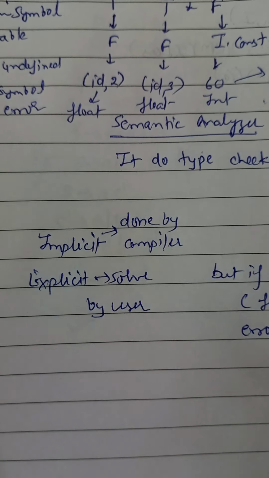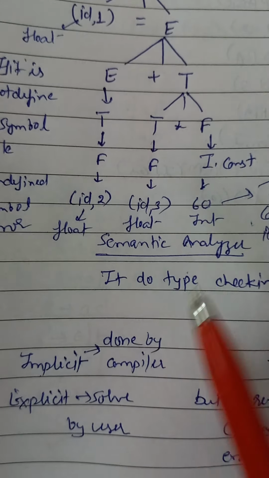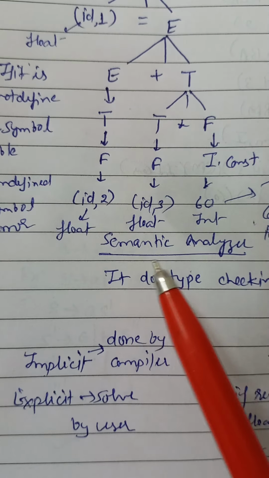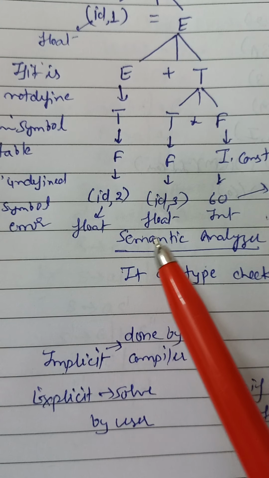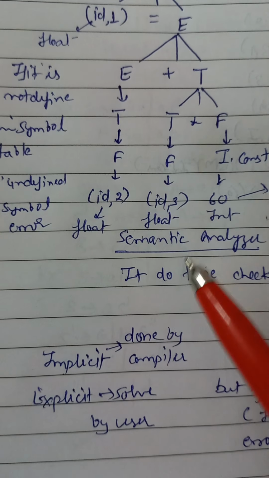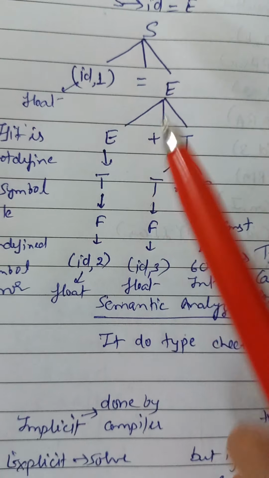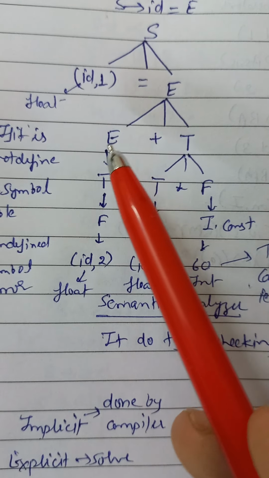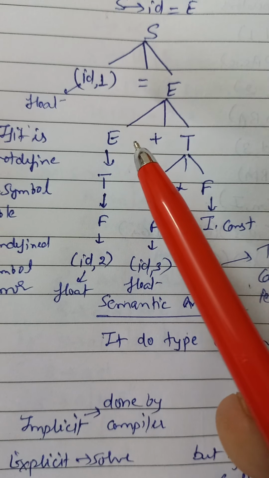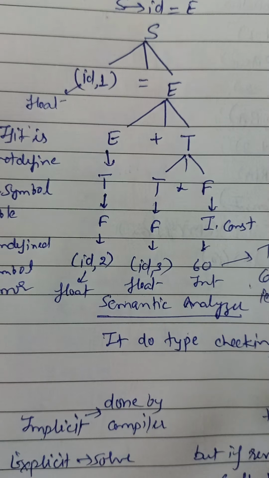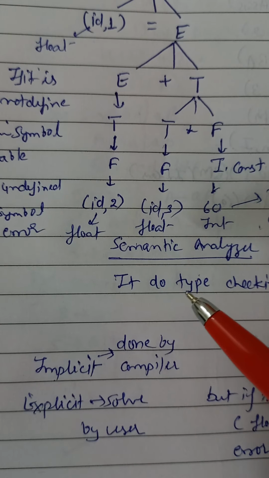This is the working of the semantic analyzer, the type checking, checking whether everything is of the same type. So this is the functioning of the semantic analyzer, and how to create a parse tree from the output given by the lexical analyzer. This is the functioning of the syntax analyzer, and the type checking is the functioning of the semantic analyzer.